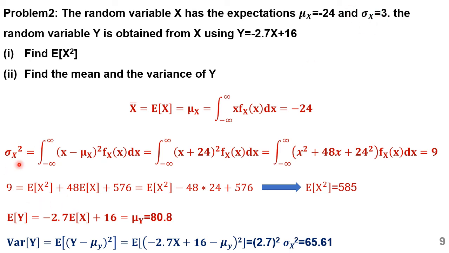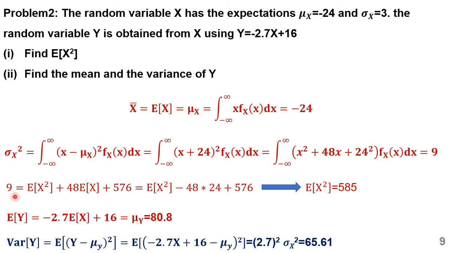So sigma x square, that is variance of x, is defined as integral of x minus mu x whole square fx of x dx, that is x plus 24 whole square, the pdf dx. When we expand this, we get integral of x square plus 48x plus 24 whole square, fx of x dx, that is equal to 9.